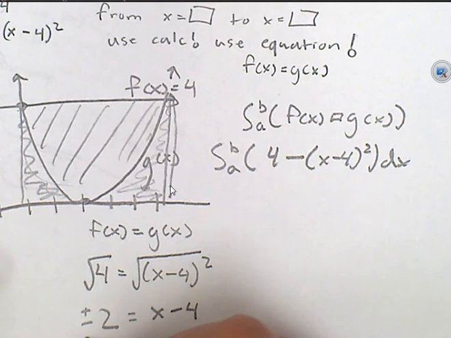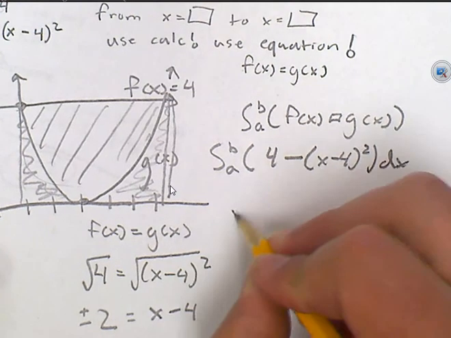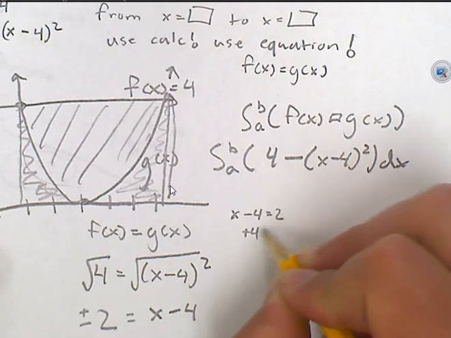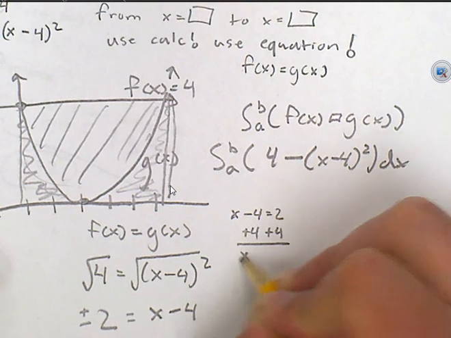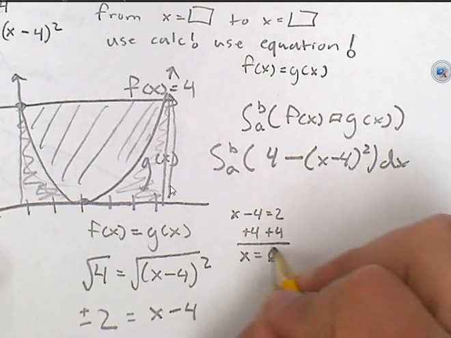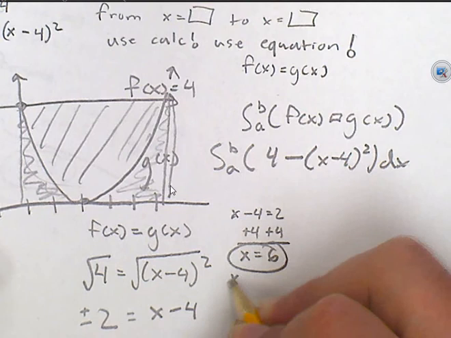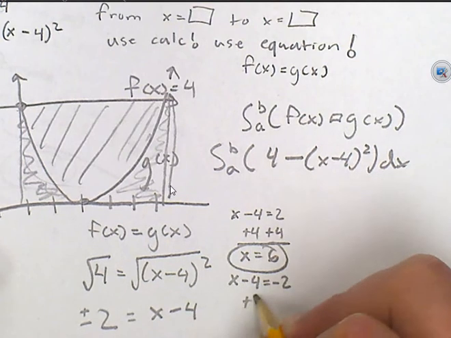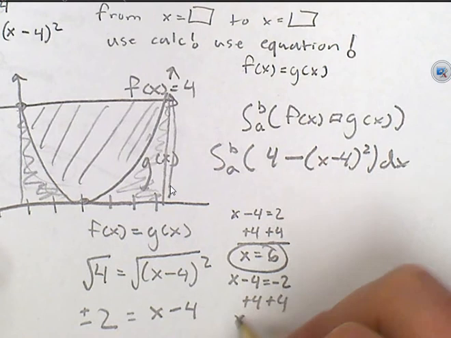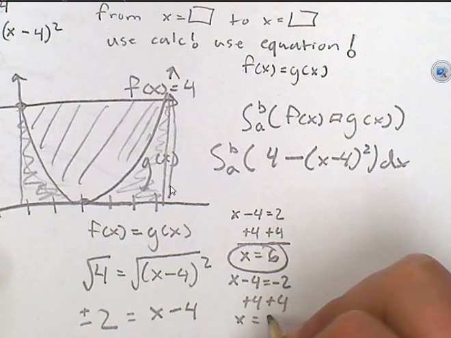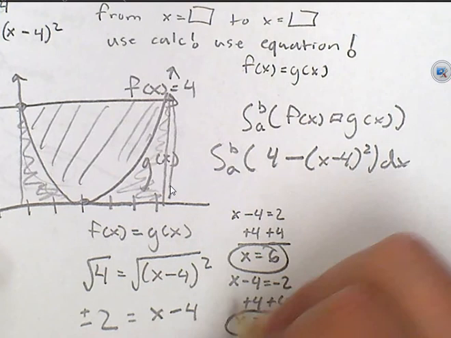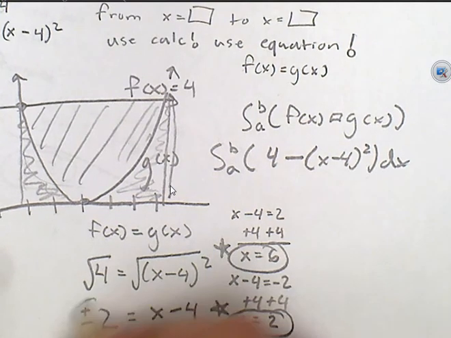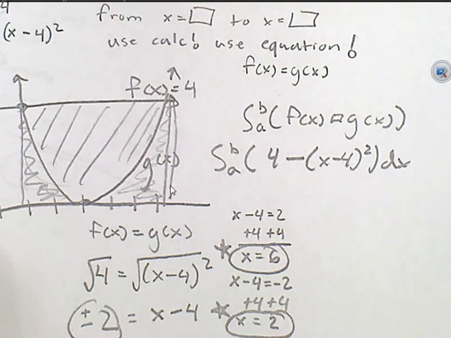So x minus 4 equals 2, x equals 6, or x minus 4 equals negative 2, x equals 2. You have to do both because of the plus and minus. So there's one way to skin a cat.